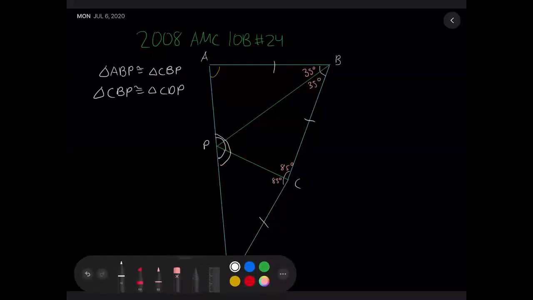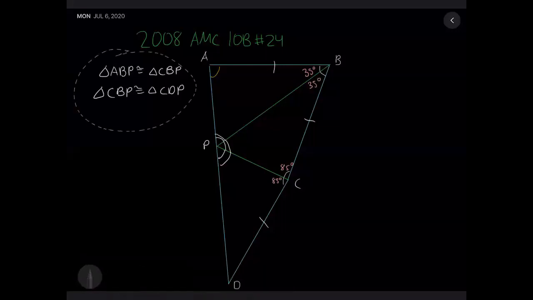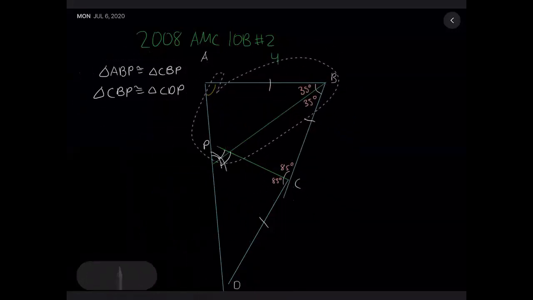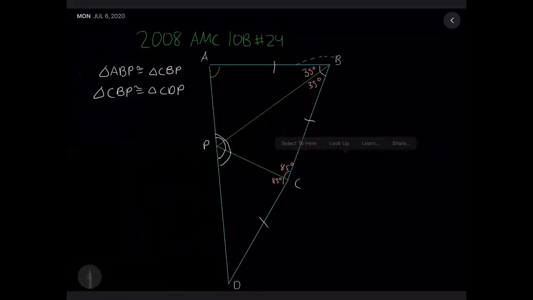So what we got from this result was that all three triangles are congruent. So this triangle is congruent with this triangle, which is congruent with this triangle. That should make sense to you guys, right?